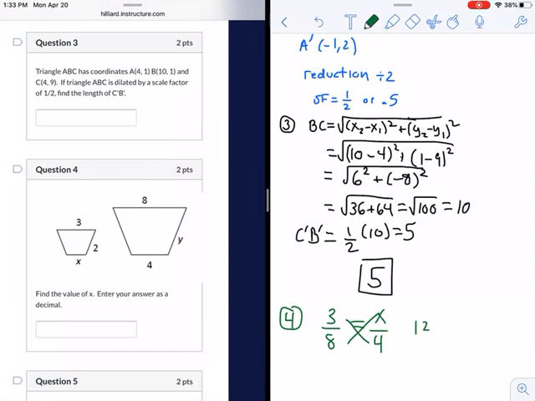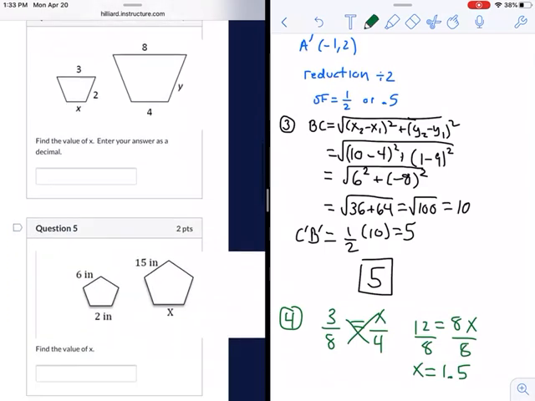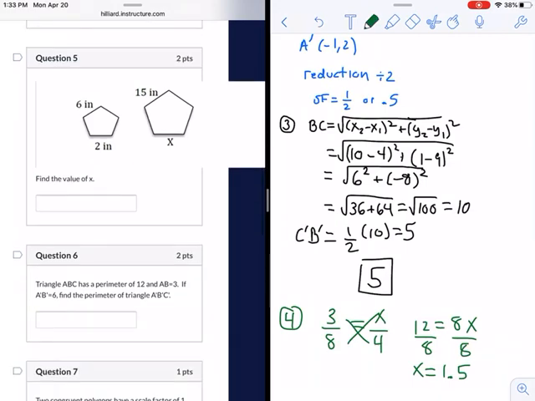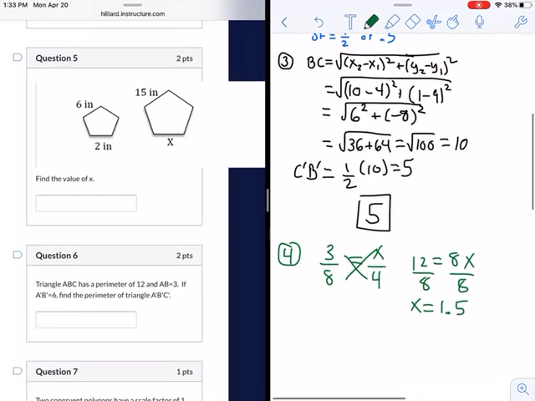Regardless, cross multiply. Divide by 8. X equals 1.5. 12 divided by 8 is 1.5. Read the directions. It told me to enter my answer as a decimal. So that's what I did. Number 5 is the same exact. Alright, 5, same as 4.